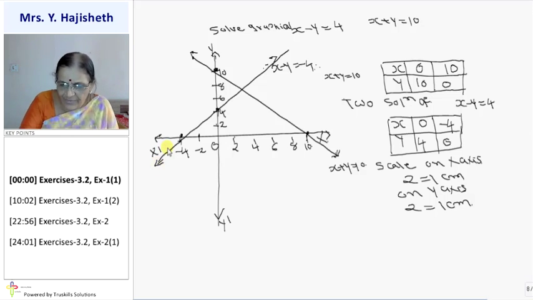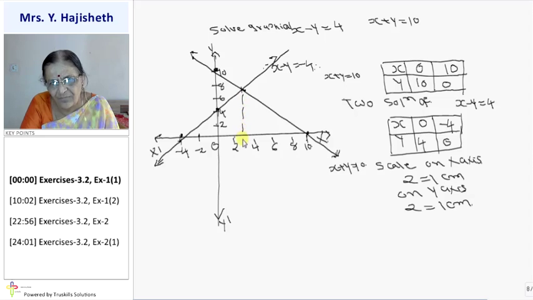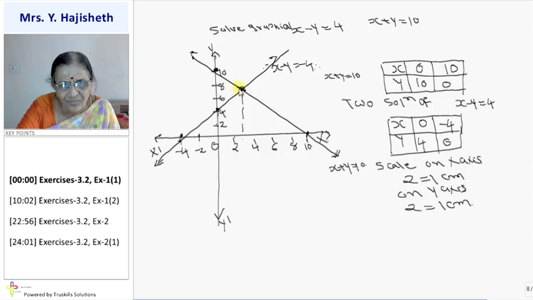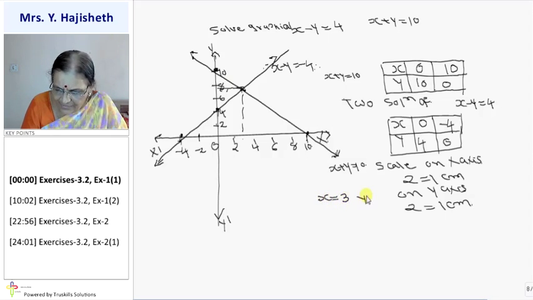Now, the point where they meet. You see, this is the point where they meet. If I draw a perpendicular line from this point, and on this side also, approximately I will get x is 3 and y is 7.